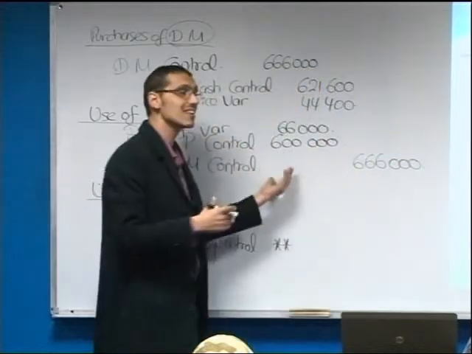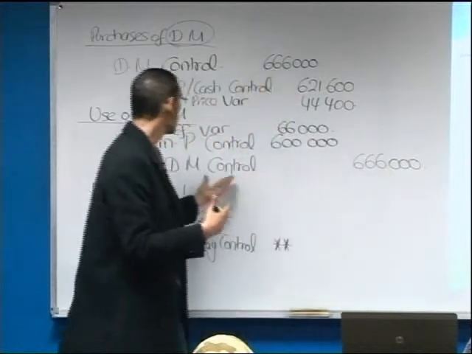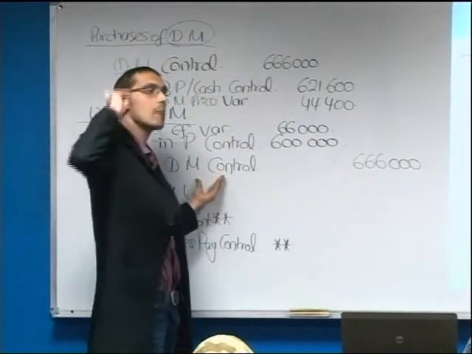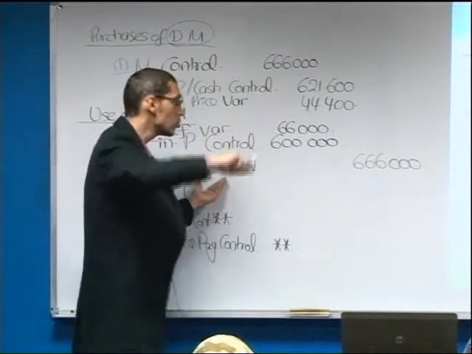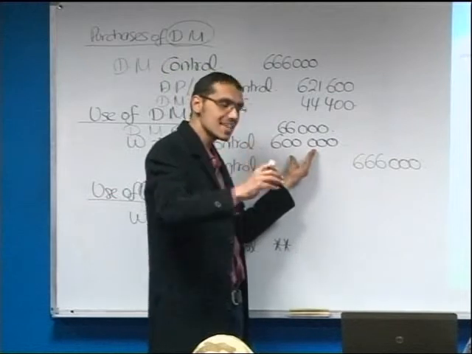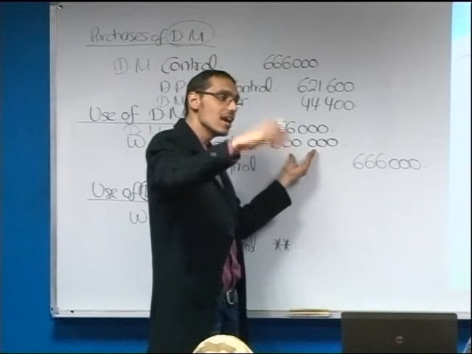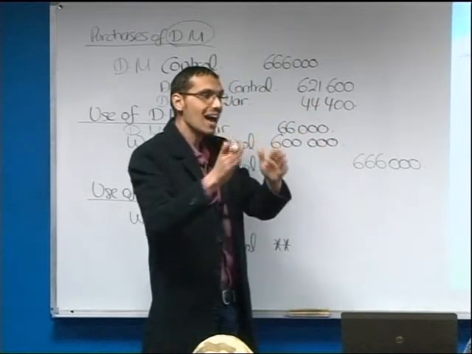Therefore, we are going to recognize the whole amount of $666,000 as the amount that was used or taken from our warehouses. We are going to use the whole amount of $600,000 as the standard amount that would have been recognized if the standards were as the actual.